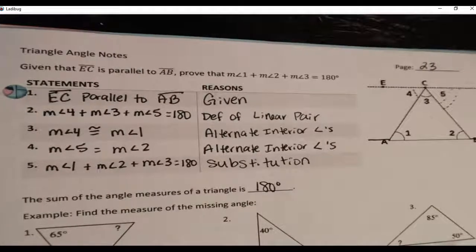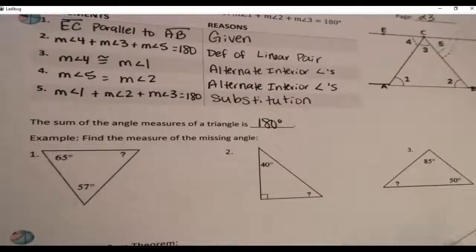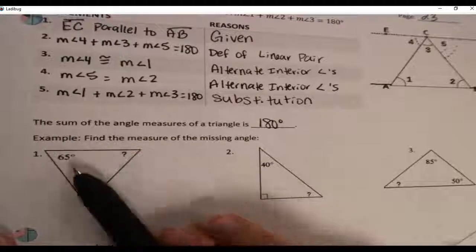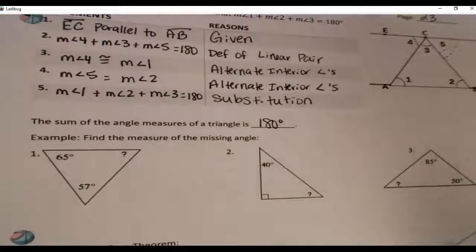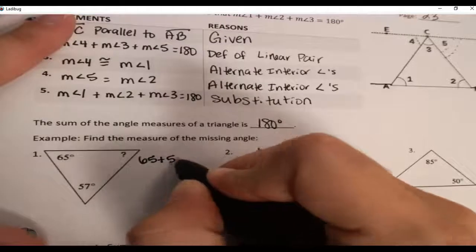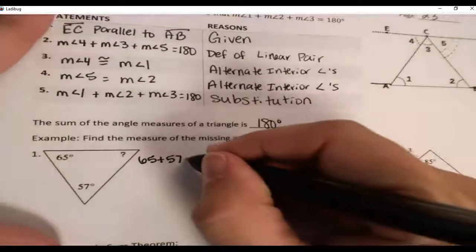Questions? Okay. So let's look at number 1. So number 1, I want to find this missing angle. So I've got 65 and 57, so what could I do to find that missing angle? Good, so we can just do 65 plus 57. 122.